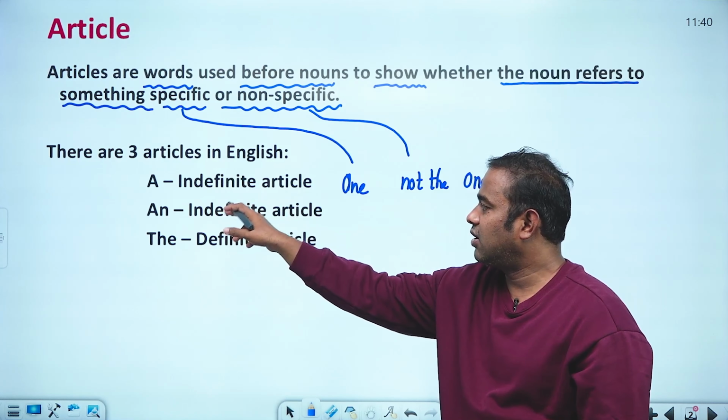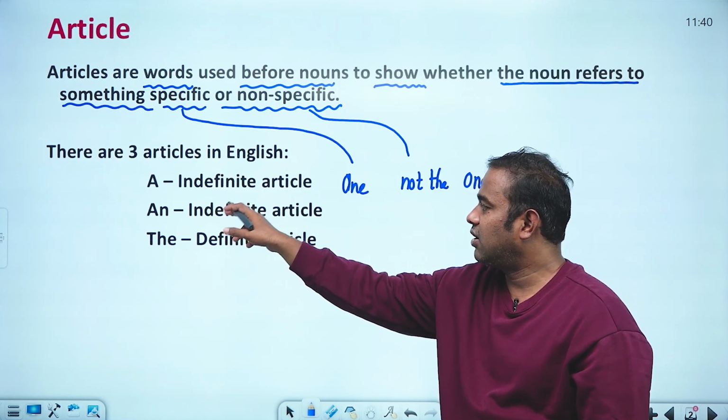So this is a very simple understanding of what is meant by article. Now we'll look at this in detail. As I said, there are several kinds of articles: the definite article and the indefinite article, and their rules and regulations. We will discuss point by point.